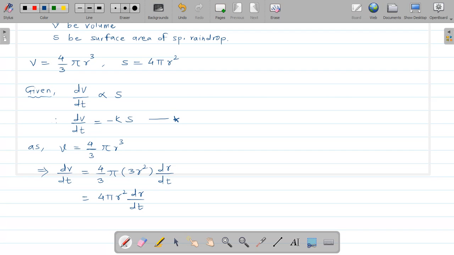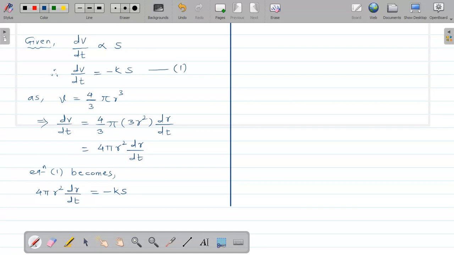Now if you put this value, 4 pi r square into dr by dt, in place of dv by dt, what will you get? You can say this is equation number 1. So equation number 1 becomes 4 pi r square into dr by dt is equal to minus k s.